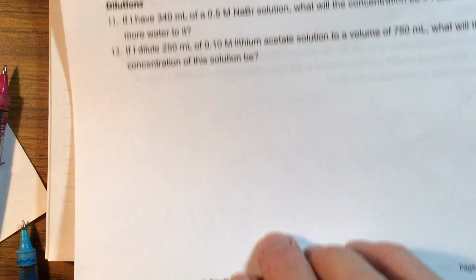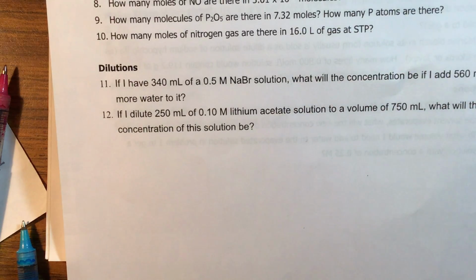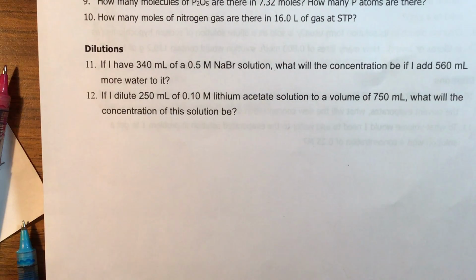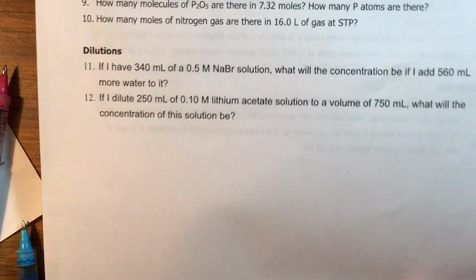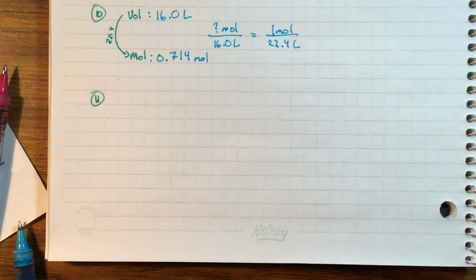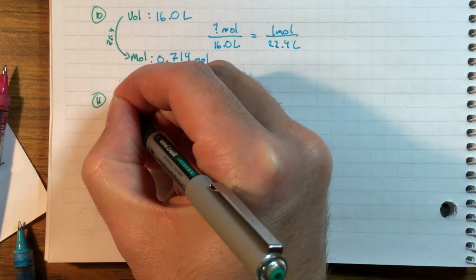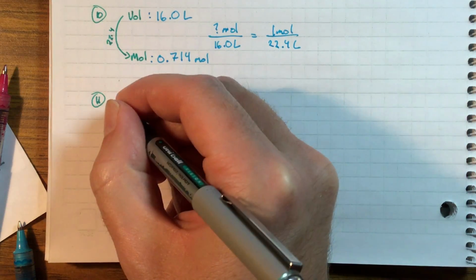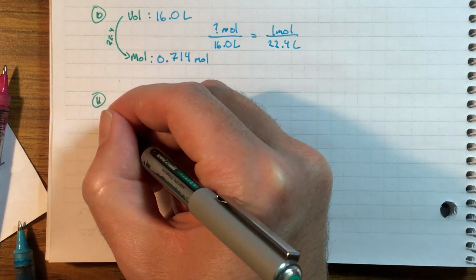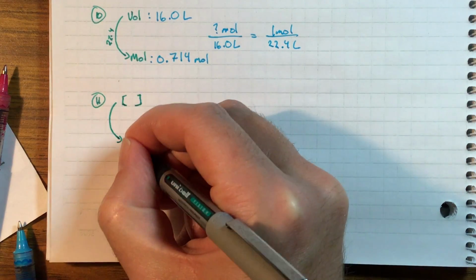If I have 340 milliliters of 0.5 molar NaBr solution, what will the concentration be if I add 560 milliliters more water to it? So, what are we starting with? We're starting with the concentration and a volume, and then we can go to our moles.